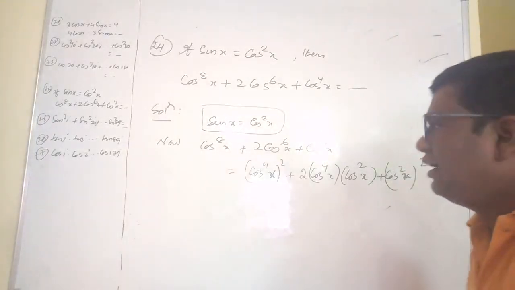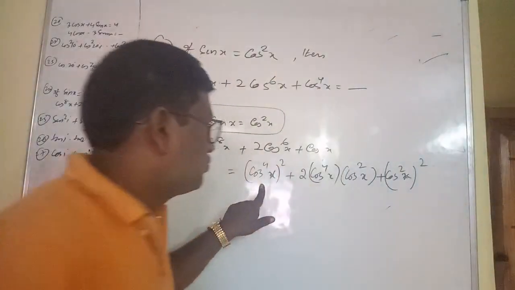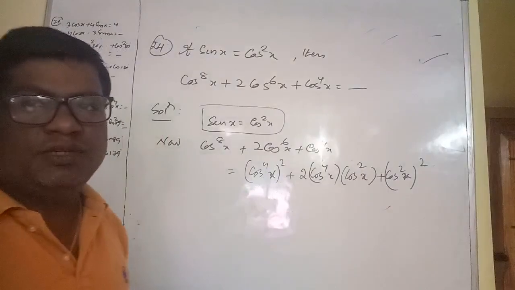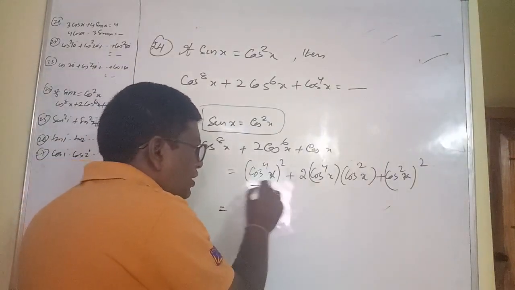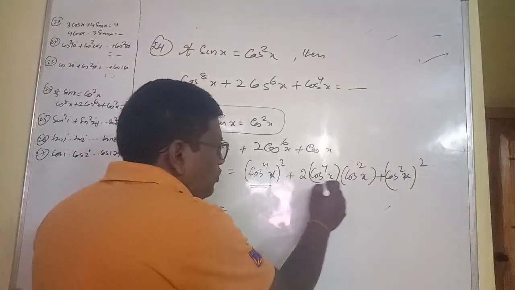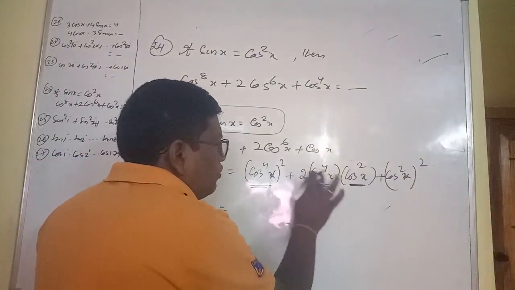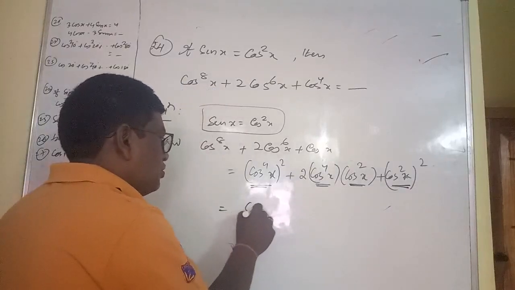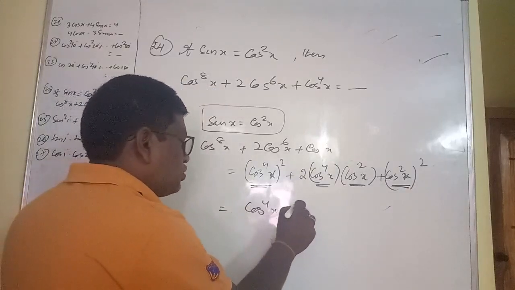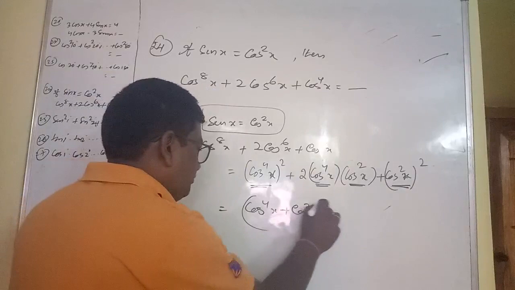By the formula a square plus 2ab plus b square, that means a plus b whole square, so (cos 4x plus cos square x) whole square.